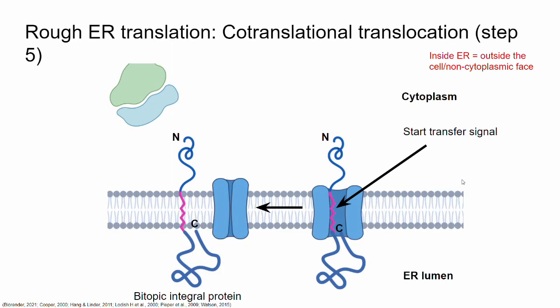Now, the third possible outcome of the cotranslational translocation is this one. Here you can see that we have a start transfer signal or signal peptide that is in the middle of the protein. It's not here like the other ones.